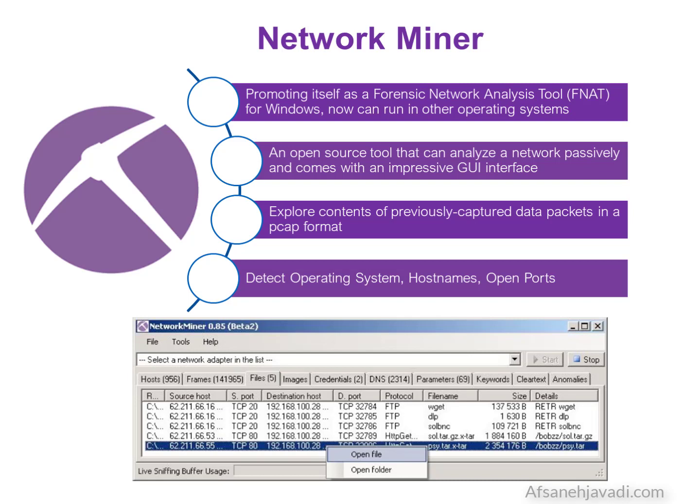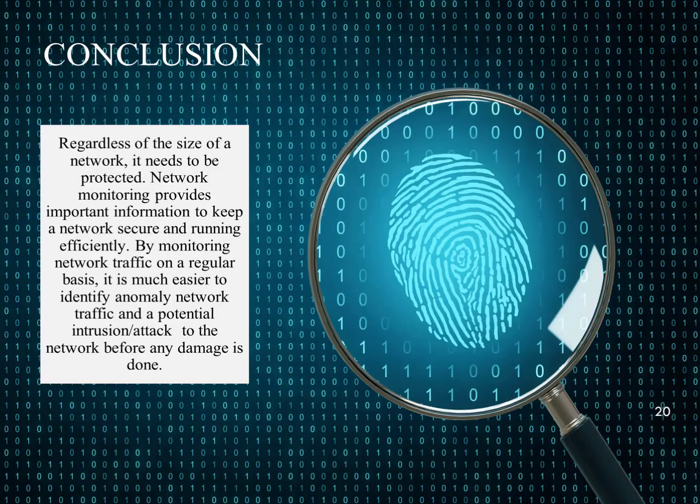As you can see, there are a lot of details about the traffic: source address, source port, destination IP address, destination port, the protocol, file name, size, and other information. So we talked about network monitoring and network monitoring tools.